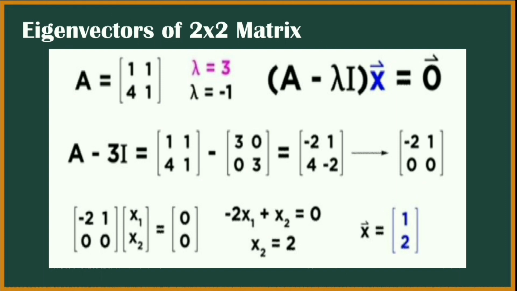And then negative 2, 1, 0, 0 times x sub 1 and x sub 2 equals 0, 0. And then it will be negative 2 x sub 1 plus x sub 2 equals 0. For x sub 1, we will choose the number 1 to substitute and get the vector. So our eigenvector will be 1 and 2.